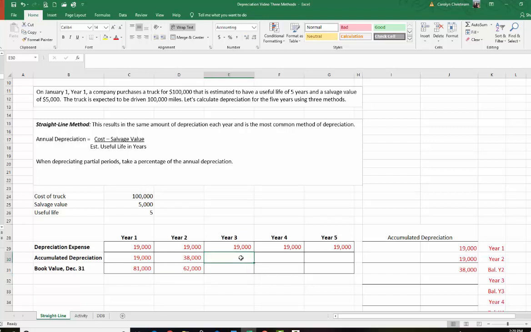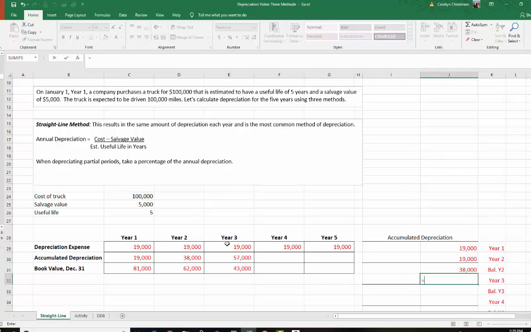Now, in year 3, our accumulated depreciation is the end of last year's accumulated depreciation plus this year. So now it's $57,000. Our book value is equal to $100,000 cost minus accumulated depreciation. So now our book value is $43,000.